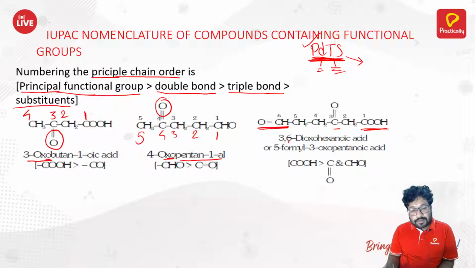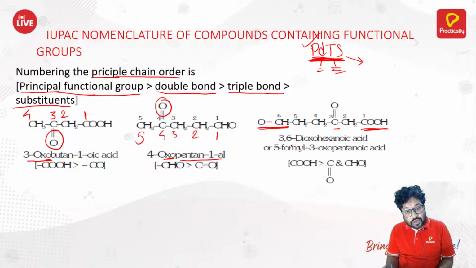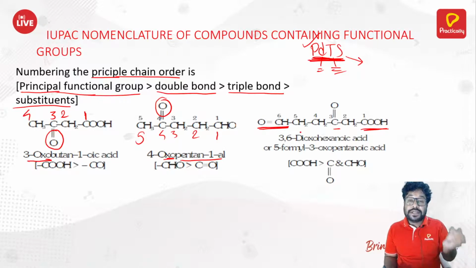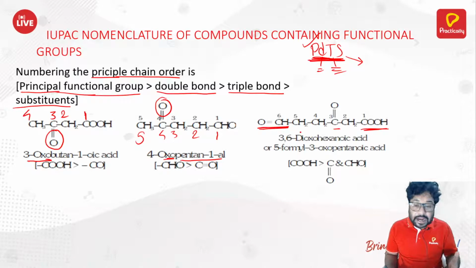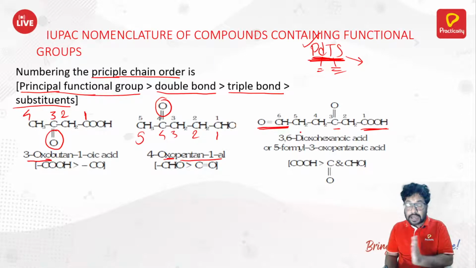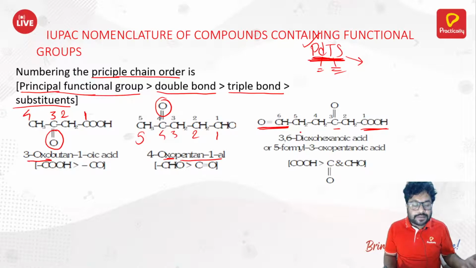When you write 3,6-dioxo, that means oxo group is present at third position. So when it is present at a third position and you have a 6 carbon atom chain, that means it is surely ketonic group. It is self-explanatory. Secondly, when you write 3,6-dioxo and hexanoic acid, that means overall 6 carbon atoms are there only.